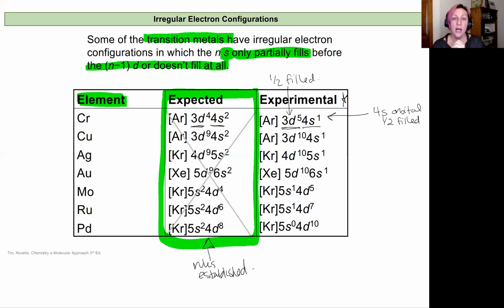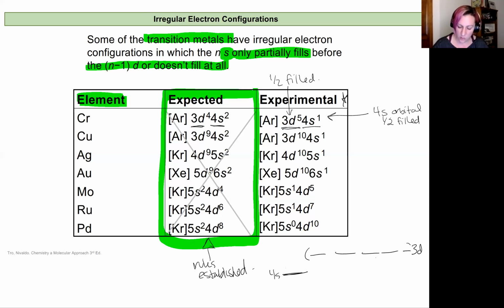And that little drop in the energy, especially when you get to the higher energy levels, like above 3, let's draw it out. Here's our 4s2, and here's our 3d.